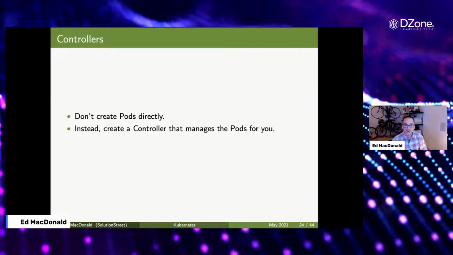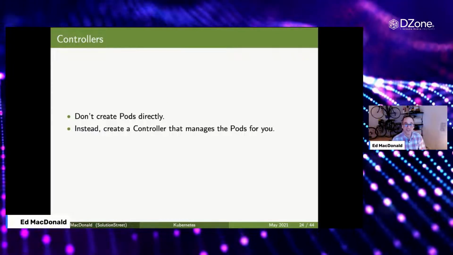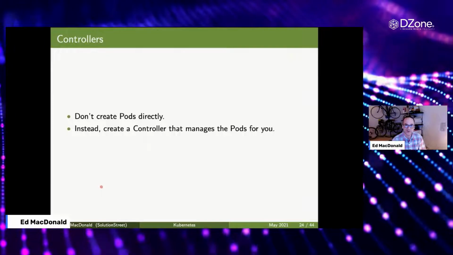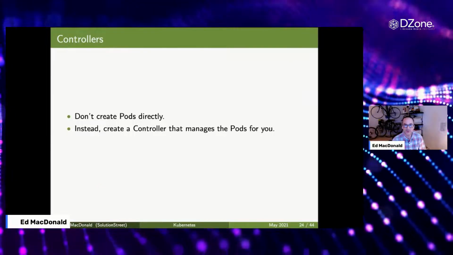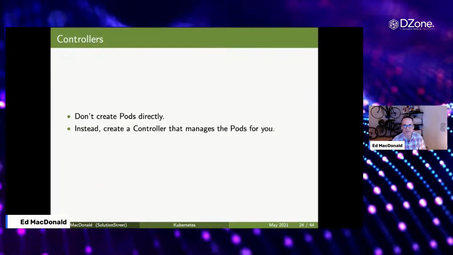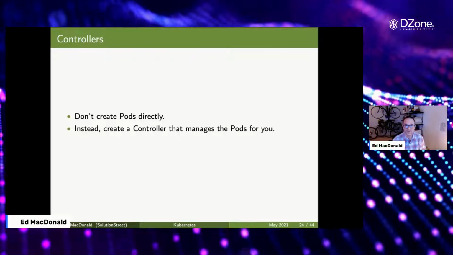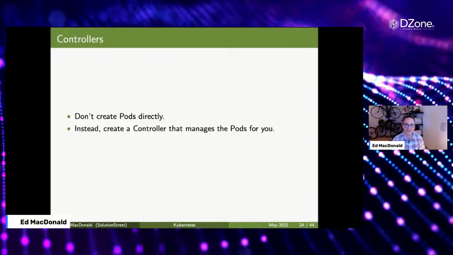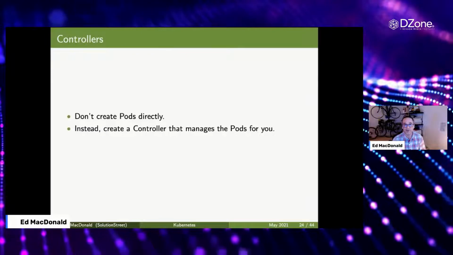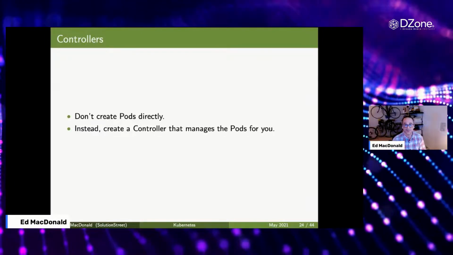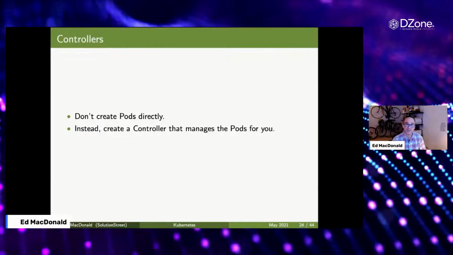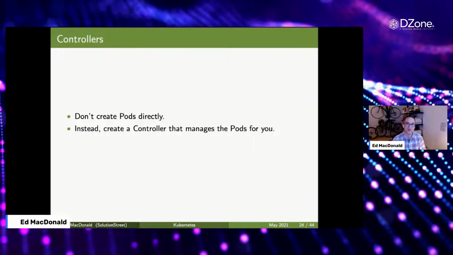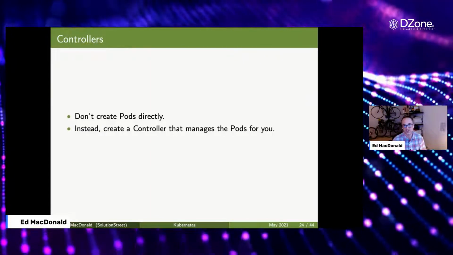So I've talked a lot about pods. Technically, if you want to, you can use a tool like kubectl to deploy a pod right to a Kubernetes cluster, and then you've got an application. Nobody does that though. Instead, they use controllers so that they don't have to create pods directly. Controllers allow you to specify additional metadata, like how many pods you want and when you should scale up and when you should scale down.